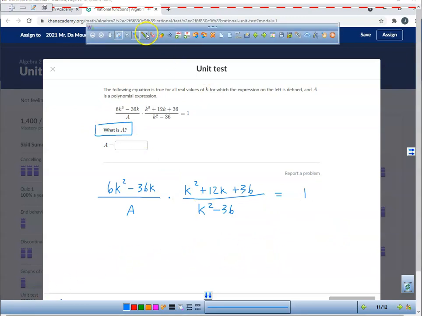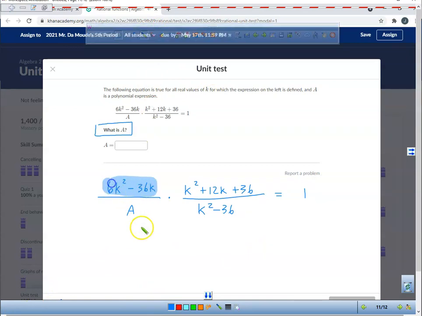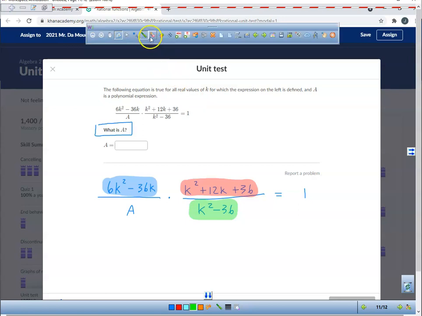Just write it down. What we're going to do right now is factor. We're going to factor this guy, and this guy, and this guy. Let's get this stuff factored.